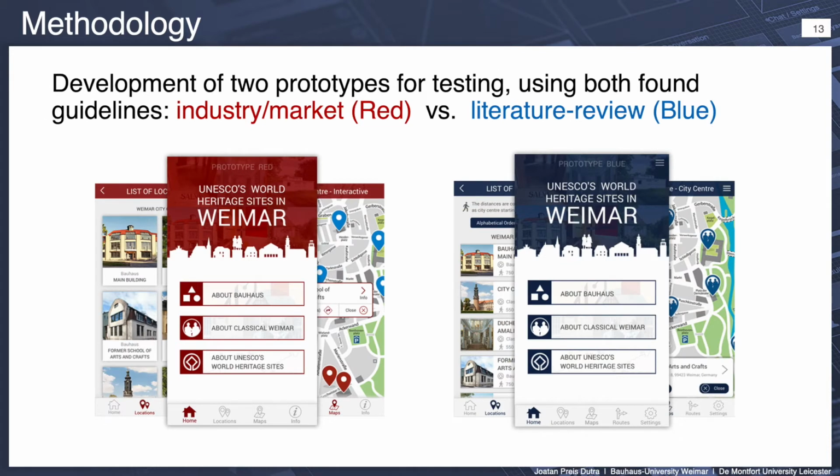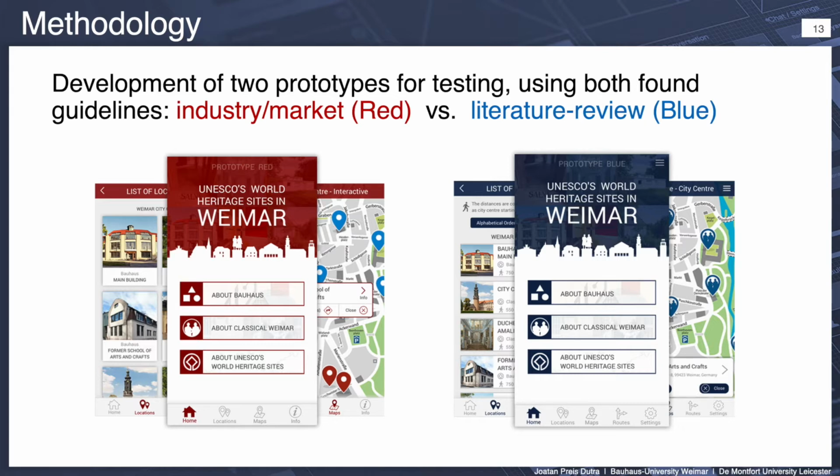And also you have these two sets of guidelines, one based on the apps, another one based on the literature, so two different prototypes were built, using, of course, the same target, which was the UNESCO World Heritage environment, but using different interface elements to test what was common on the market, on the industry, in contrast with what is offered in the literature review.